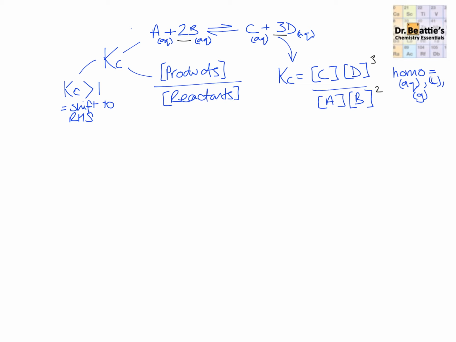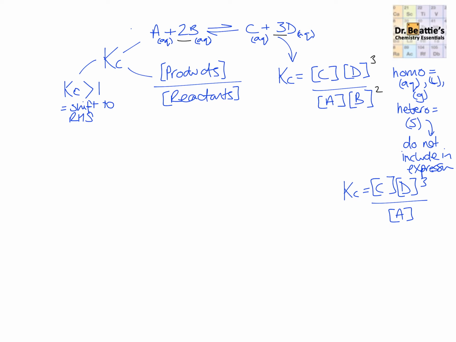Now, if you have a heterogeneous situation of reactants and products, so they're different physical states, for example, if you have a solid as a reactant, then you do not include the different physical state in the expression. For example, if B was a solid and everything else was aqueous, our expression instead would look like this.